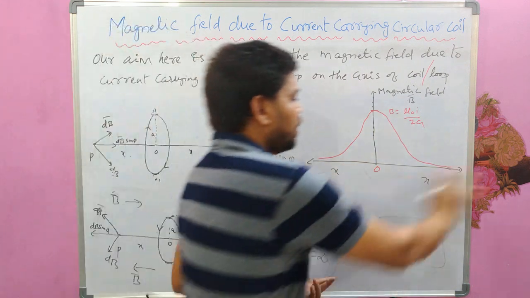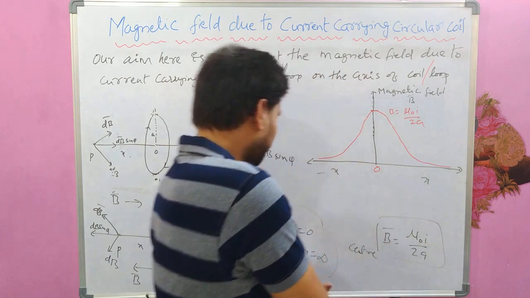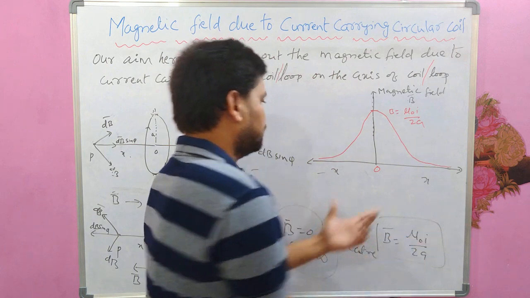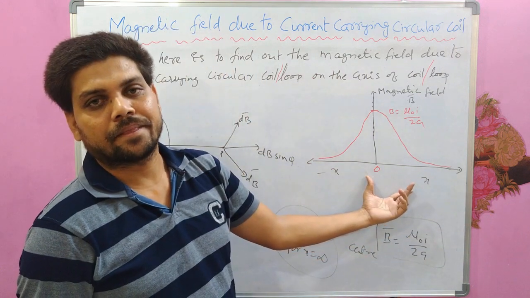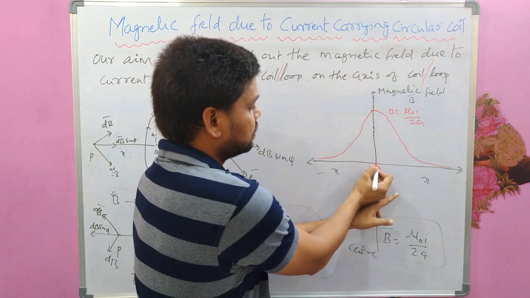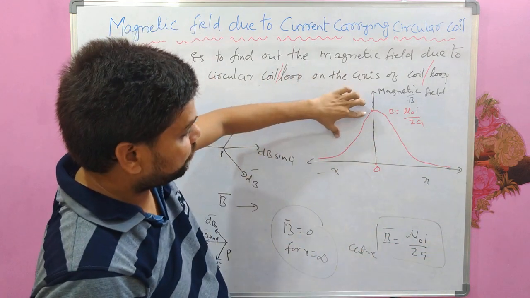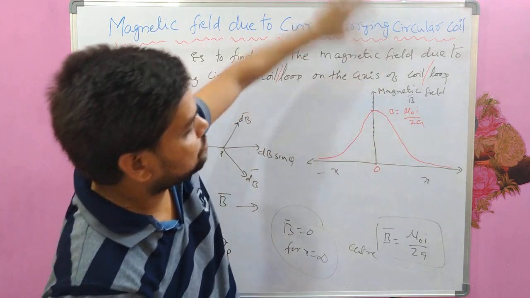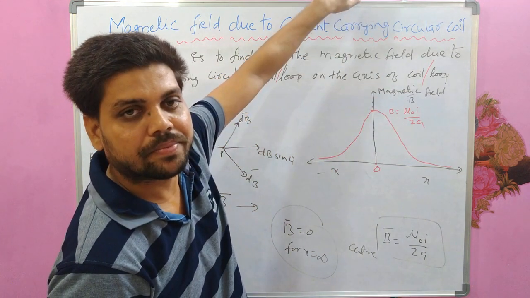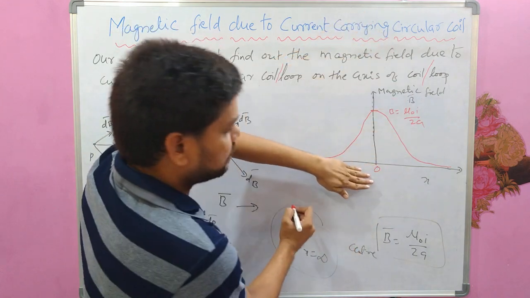And as you go away from the center of the circular coil, x equal to infinity, it goes to 0. And on either side of the coil center, that side and this side, the magnetic field is on the positive side, for example. The same side.